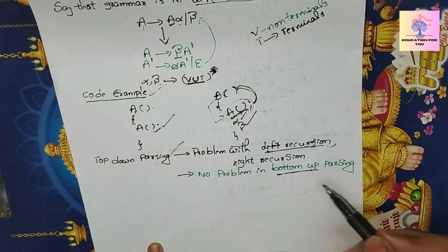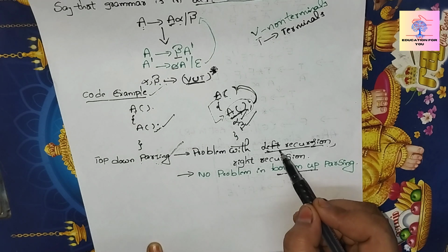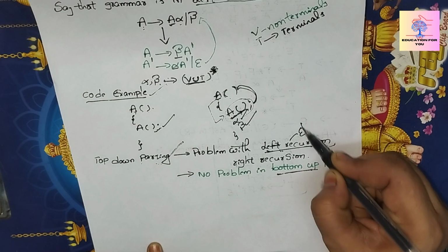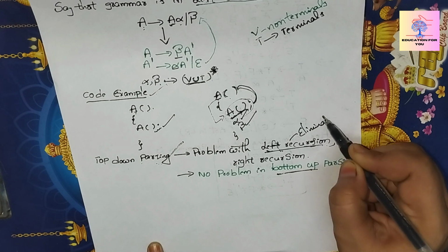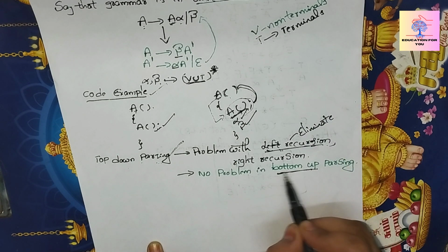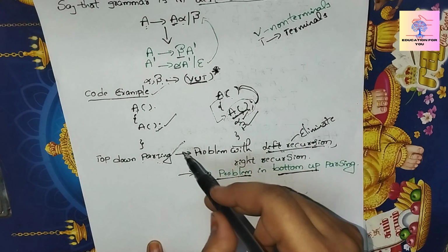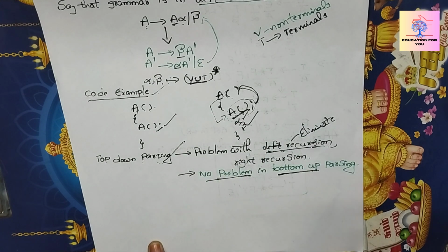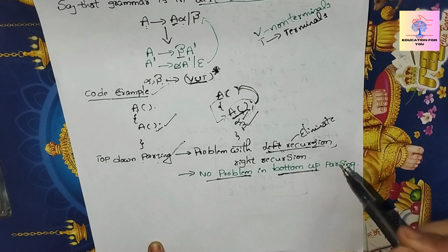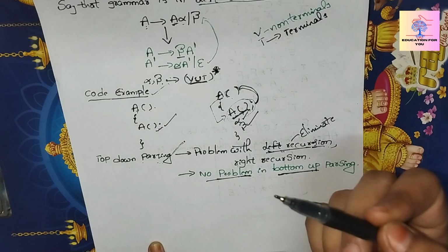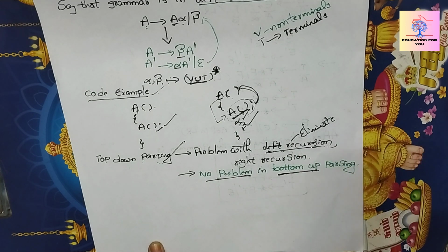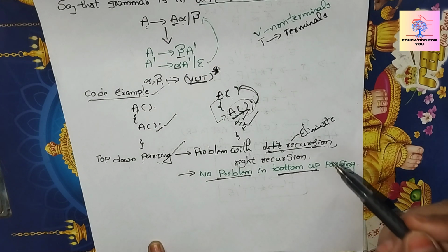So you have to eliminate the left recursion in top down parsing, but in bottom up parsing there is no problem. You have to eliminate the left recursion if you are performing top down parsing.